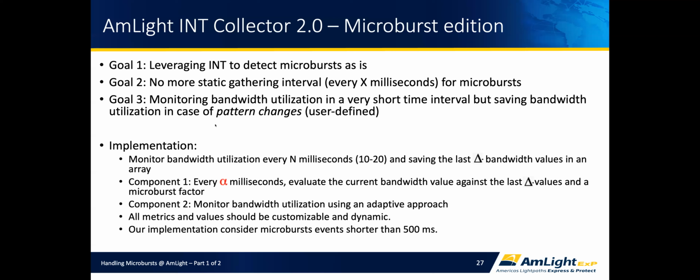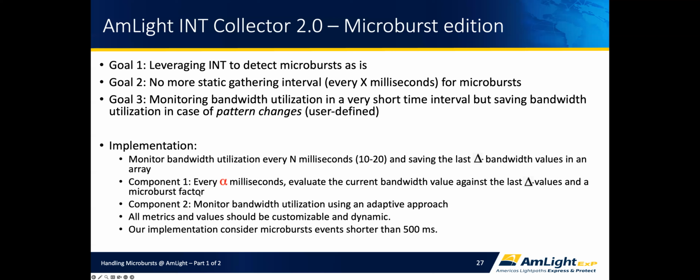So our implementation was to monitor bandwidth utilization every n milliseconds, or alpha milliseconds, maybe 10 to 20. You can go down to a little bit more than that, but 10 to 20 is enough for now. We save the last delta bandwidth values in an array every alpha milliseconds, then we evaluate the current bandwidth against those previously saved values and multiply by a microburst factor.